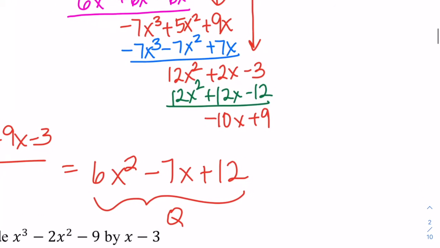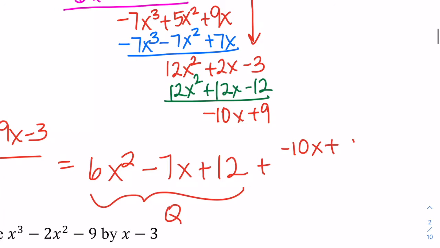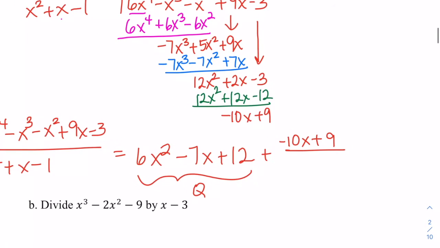And then plus the remainder over the divisor. So plus negative 10x plus 9 over x squared plus x minus 1. Remember, this was our remainder.